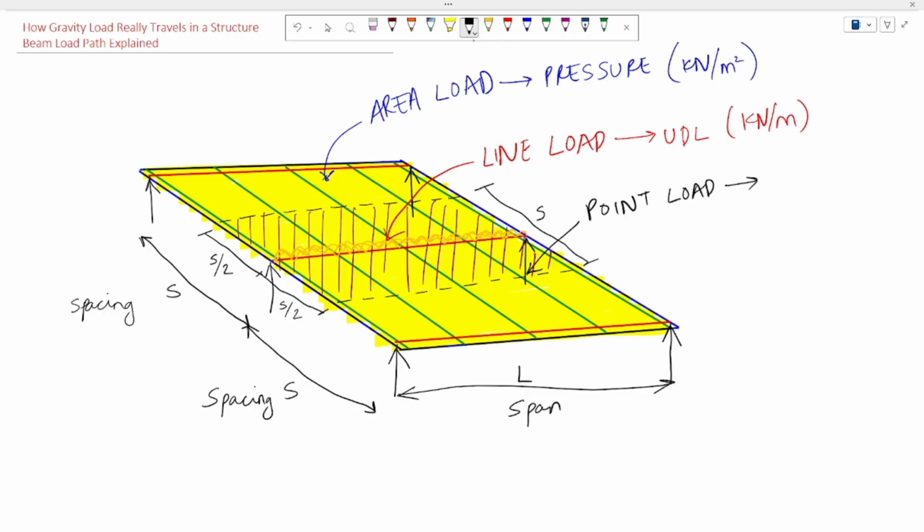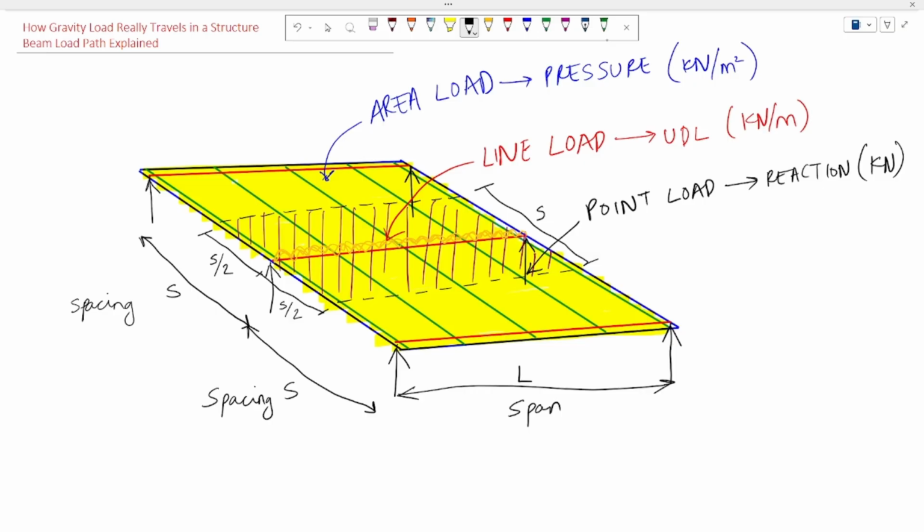Point load in the form of reaction with the unit kilonewton. So pressure is converted into UDL and finally it moves to reaction. So this is the flow in which load moves in a structure.